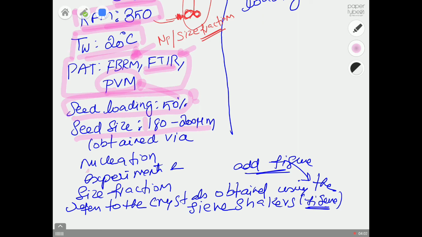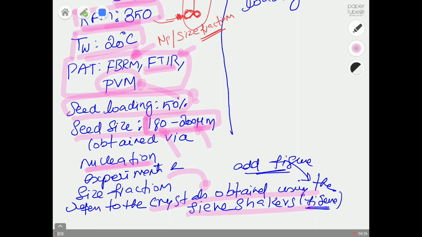I performed a nucleation experiment, filtered the solution, and took the crystals out. I dried them, and then I used a sieve shaker, so this one refers to the crystals obtained using the sieve shakers. These numbers, 180 to 200 microns, refer to the sieve plates which I used.